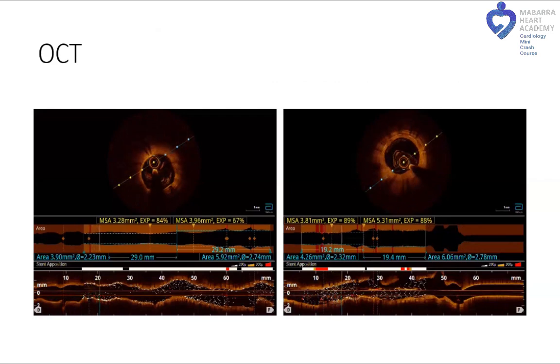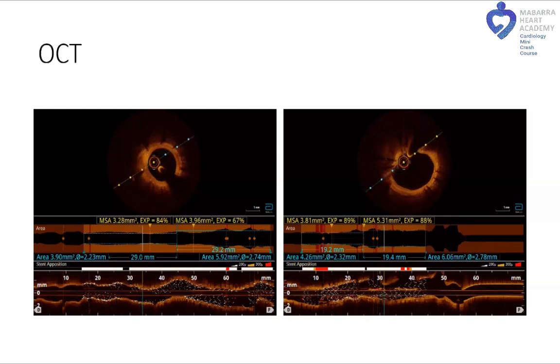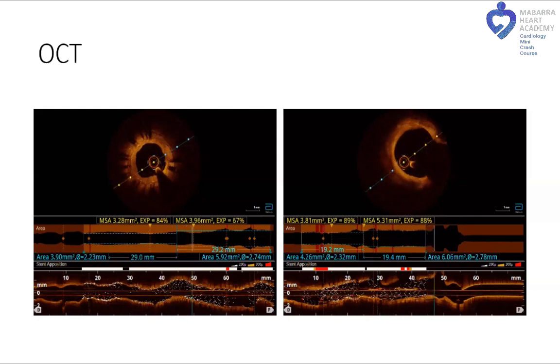OCT can be useful when you have MINOCA, when you don't see obstructive lesions. Sometimes OCT is helpful, especially it may help you find other causes such as plaque erosion. So in this example, there was some new intimal hyperplasia, but the stent was widely patent, looked decent. So the patient was just treated medically.